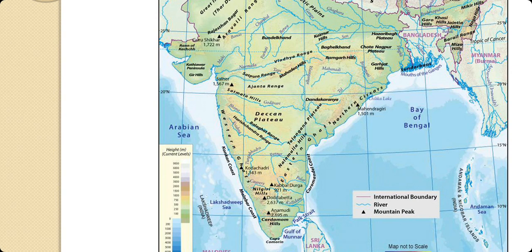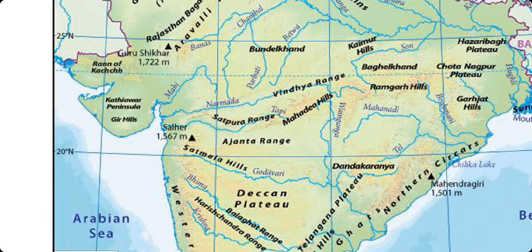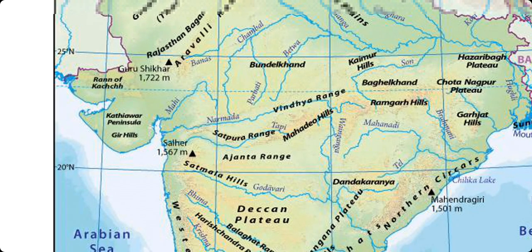As a part of the Indo-Australian plate, it has been subjected to various vertical movements and block faulting. The rift valleys of Narmada, the Tapi, and the Mahanadi, and the Satpura block mountains are examples of this.